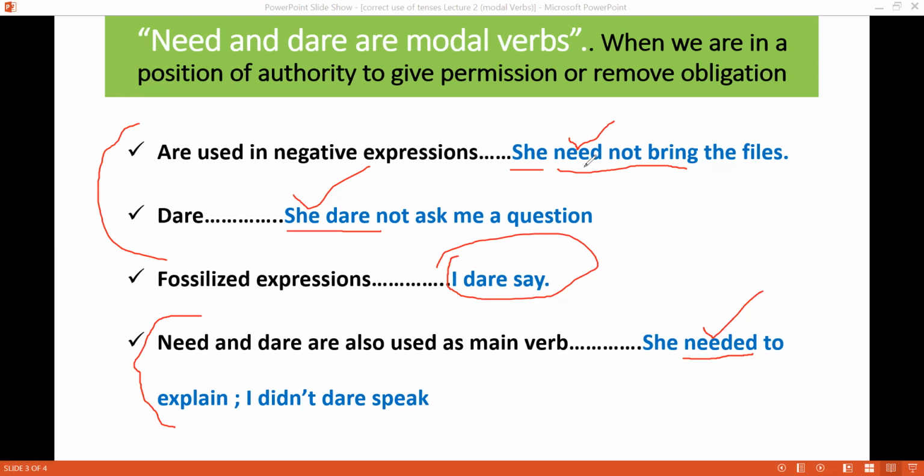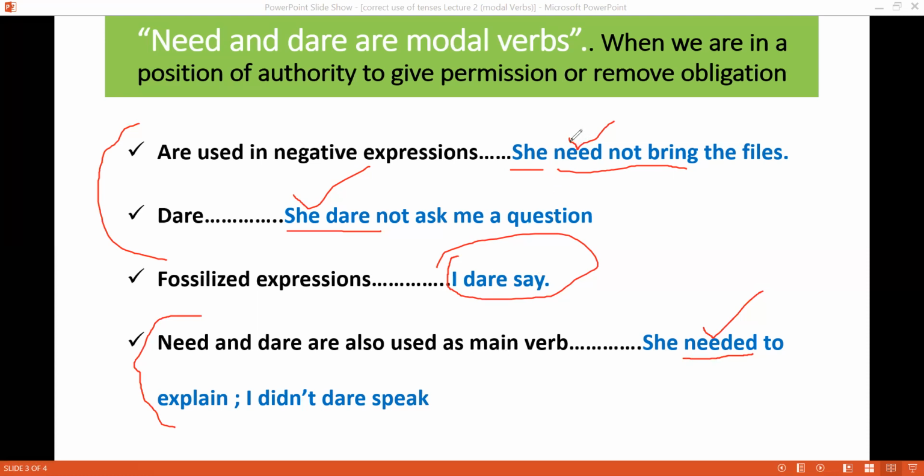Secondly, as it is a negative expression, here it should be she does not need to bring the files. In that case, it would not remain a modal verb, it will become a main verb.